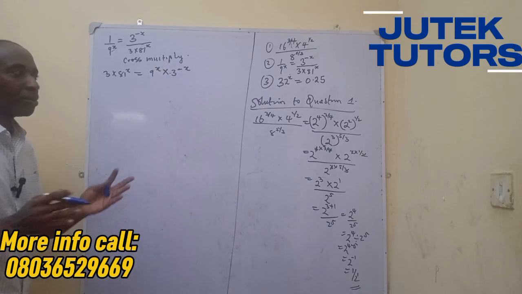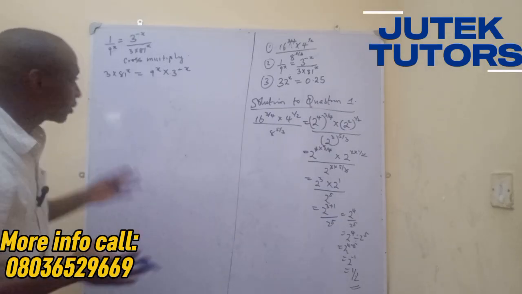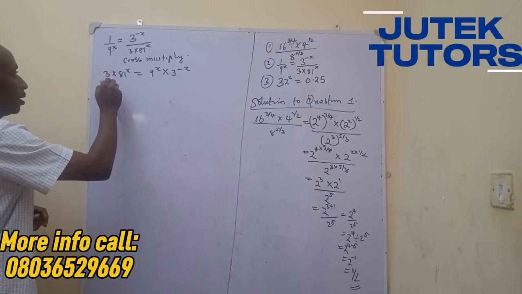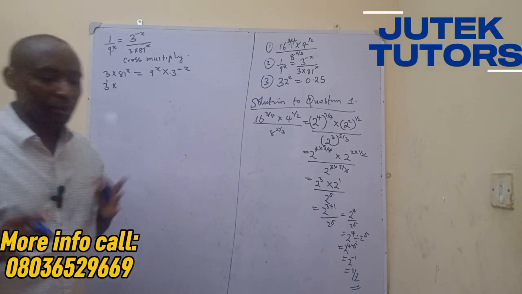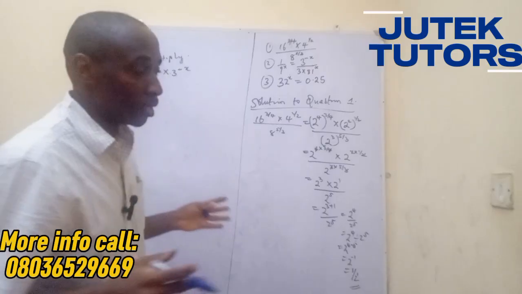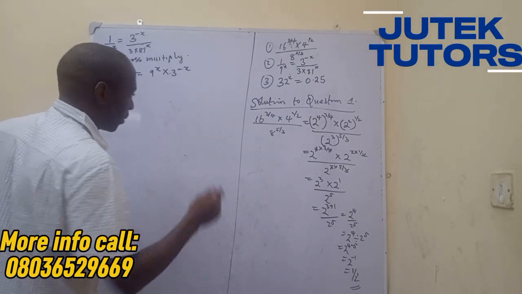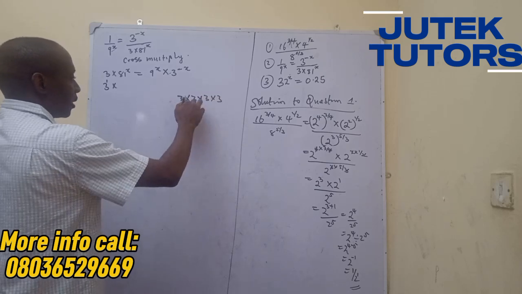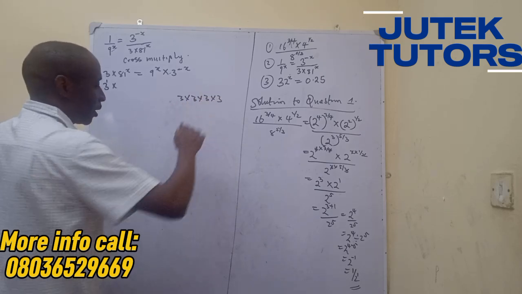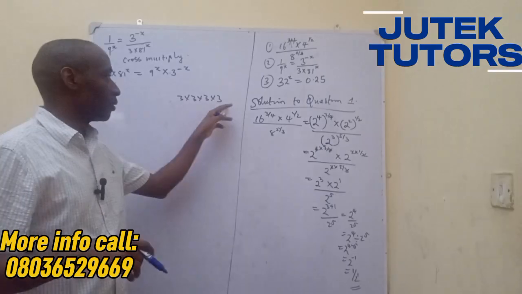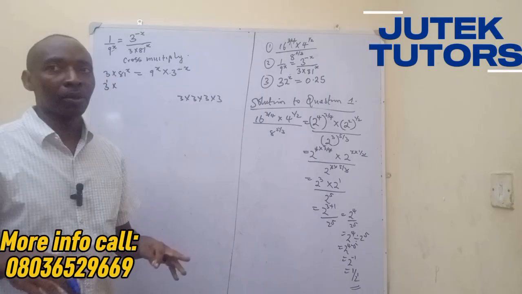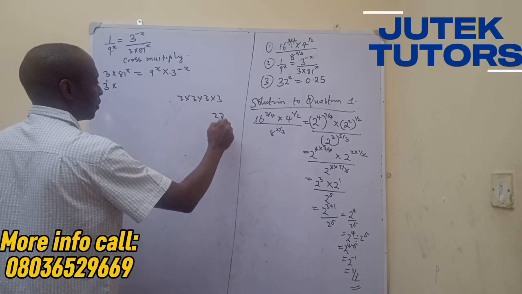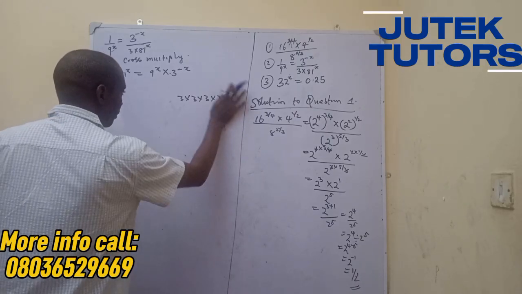So we can change everything to base 3. Here, 3 is the same thing as 3 raised to power 1. And 81: 3 raised to power 4 will give us 81, because 3 times 3 is 9, 9 times 3 is 27, and 27 times 3 gives us 81.